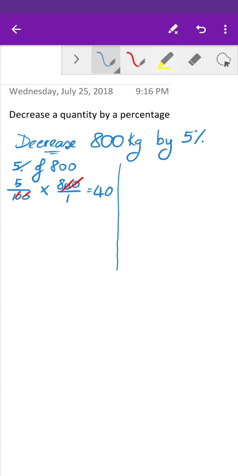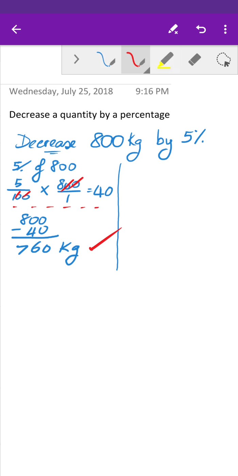To decrease means to subtract 5%, so we take 800 minus 40, and we're left with 760 kilograms. That is one way to do it, where you break it up into two parts. You find the percent and then you subtract.